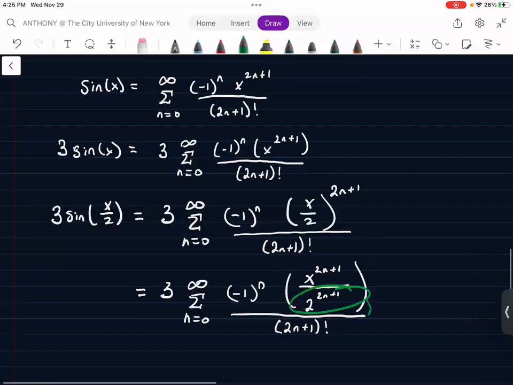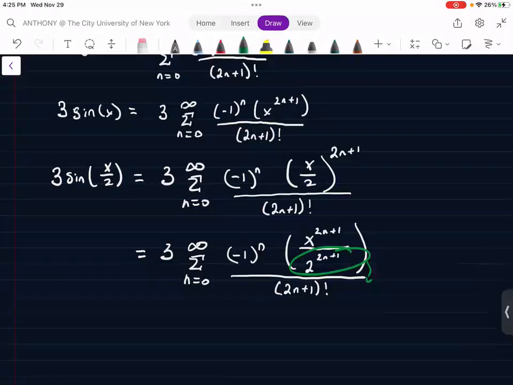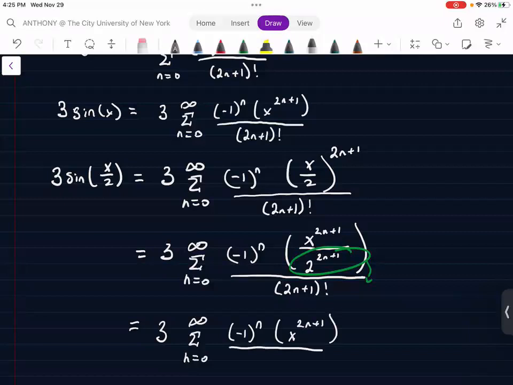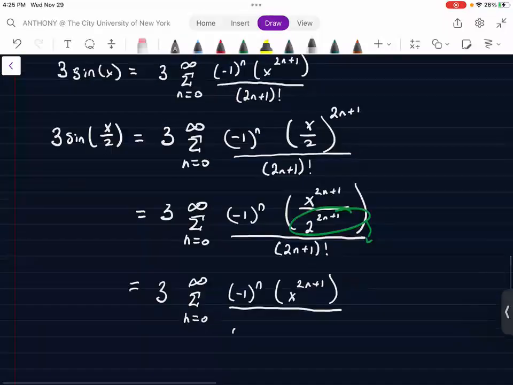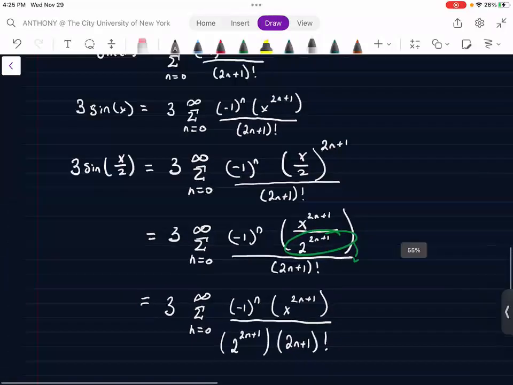So if you just shove this down here into the denominator, your final answer would be 3 times the sum n equals 0 of negative 1 to the n times x to the power of 2n plus 1, all divided by 2 times 2n plus 1 times 2n plus 1 factorial. And I think that's a legit answer.